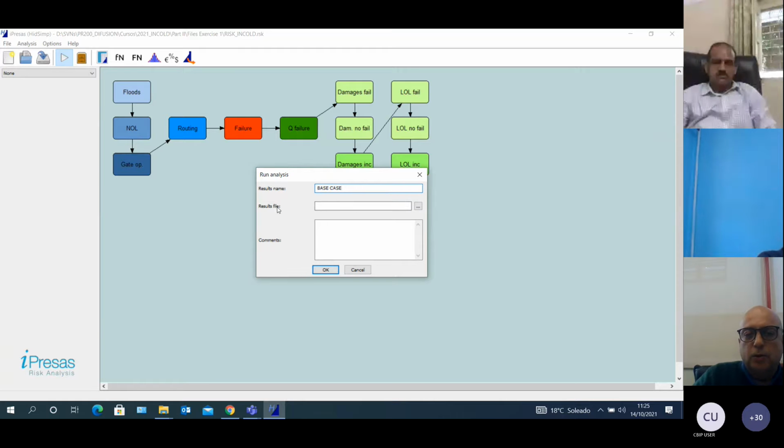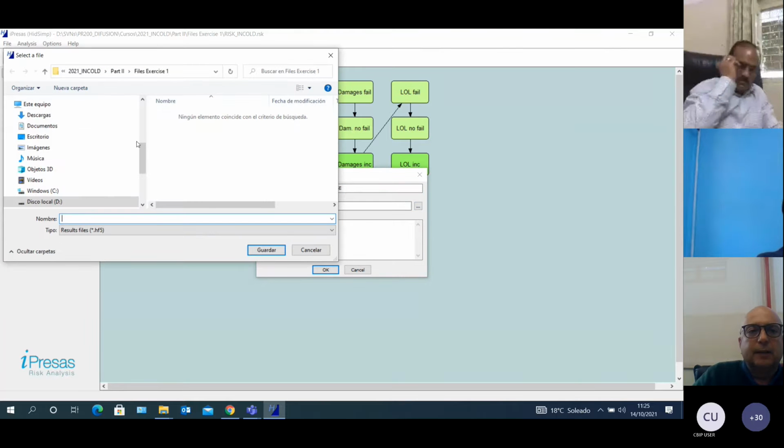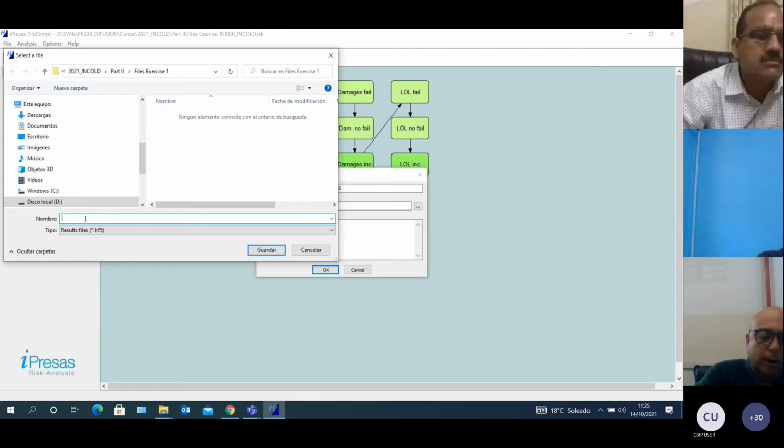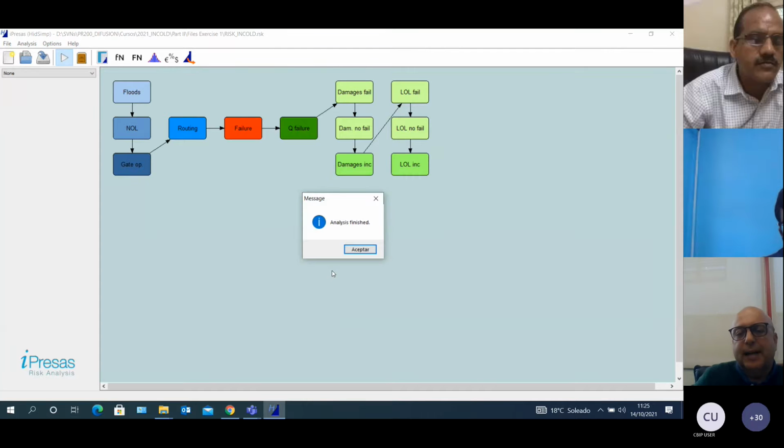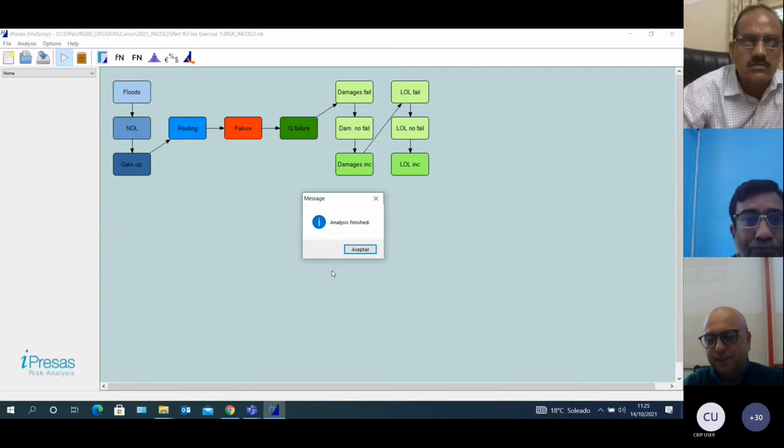Then when you go to results file, click here, make sure you write the same, base case, and then you save it. So you have base case, you have this route to where it's gonna be saved, and you do OK. And then if you have followed carefully everything, you should have analysis finished.